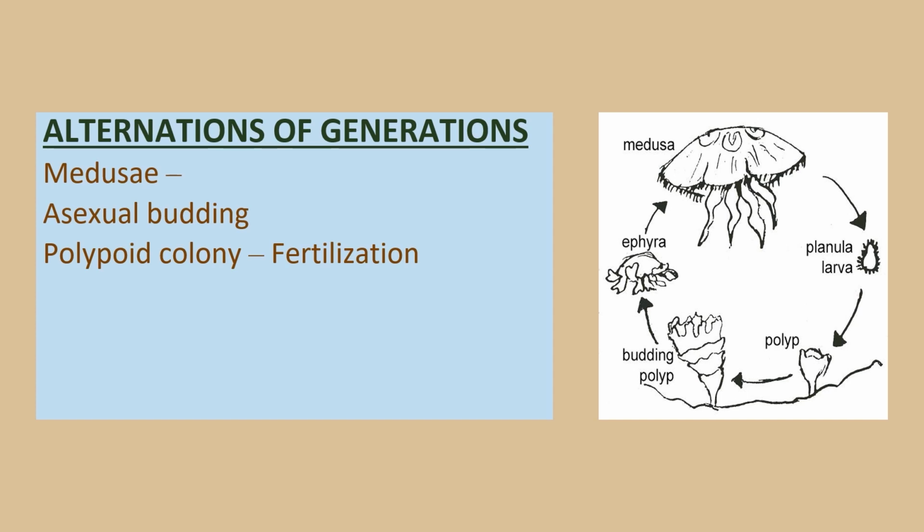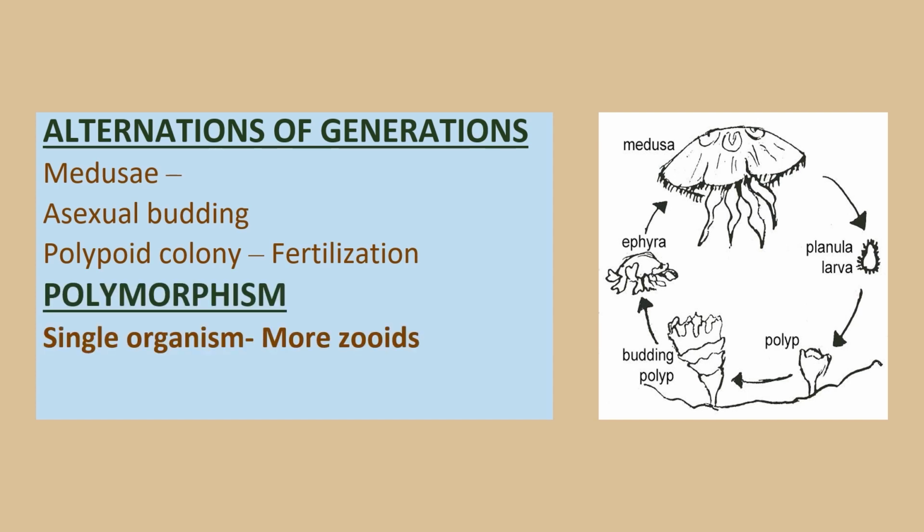Hence, the Obelia is called a polymorphic colony. Polymorphism. A single organism has two or more varied forms and which also have varied functions. In Obelia, the colony has 3 forms of zooids.